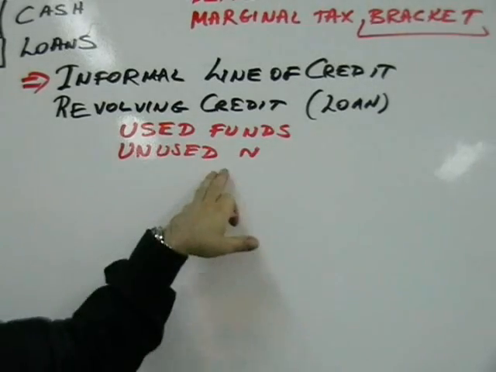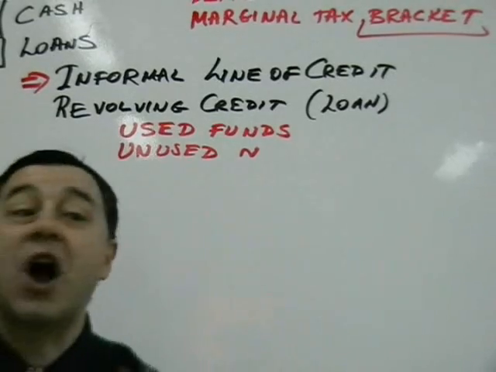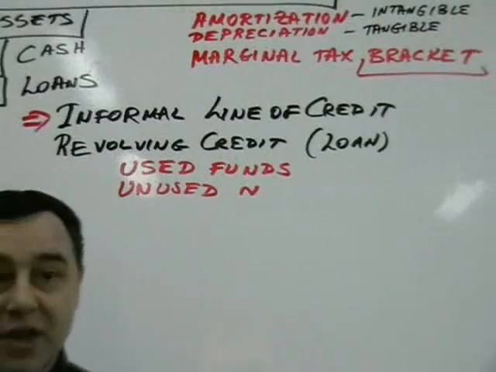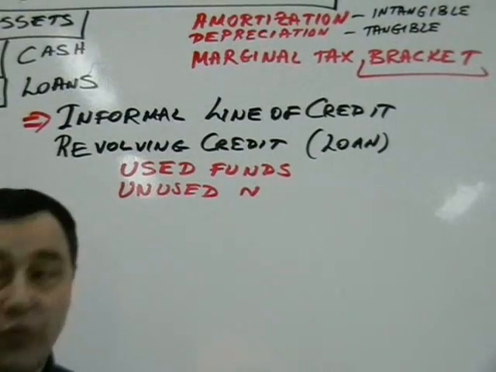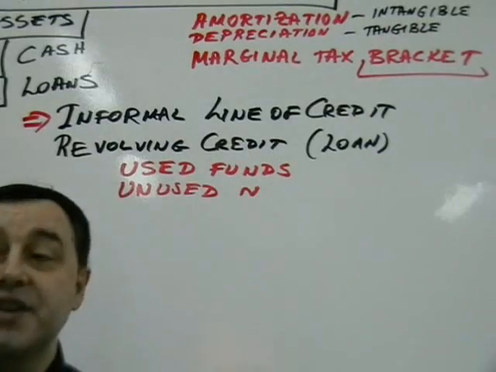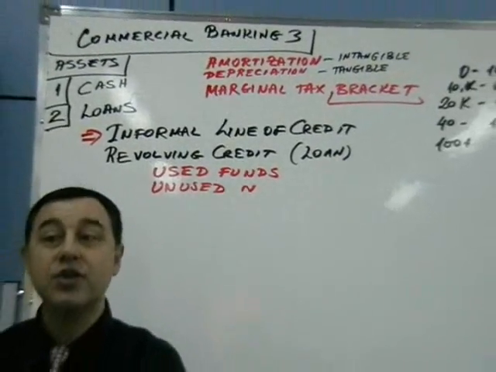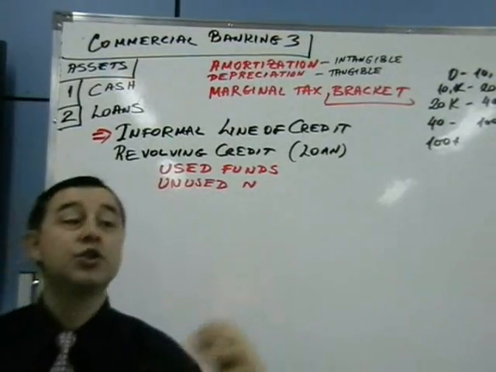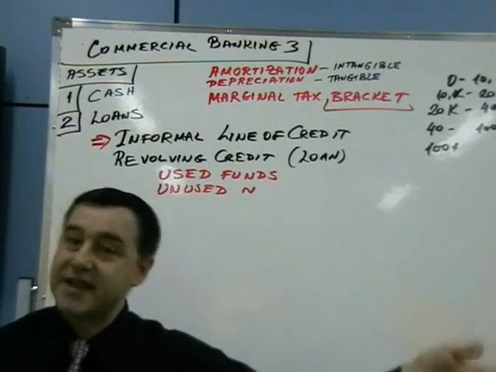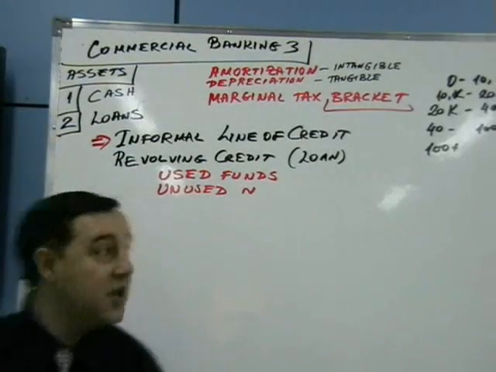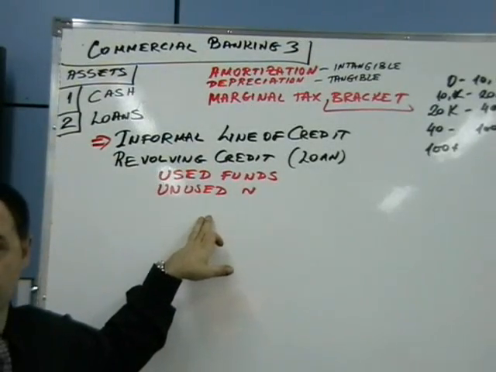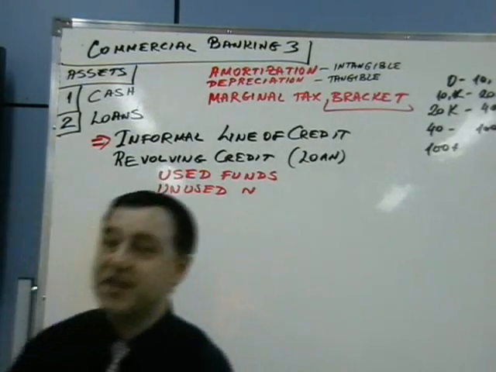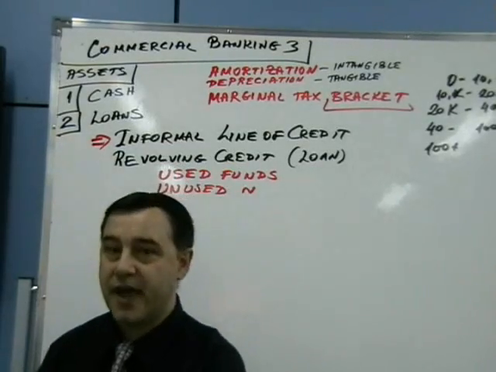You're paying 1% because you're tying up bank liquidity, which stands there available for you, and the bank has an opportunity cost of not being able to lend that liquidity to somebody else so that they can earn 7, 8, 9 or whatever the current interest rate is, okay? So they're just making 1%, but the money stays safe in the bank.